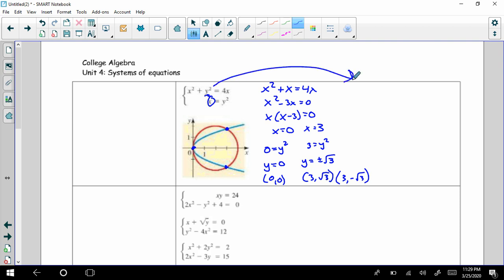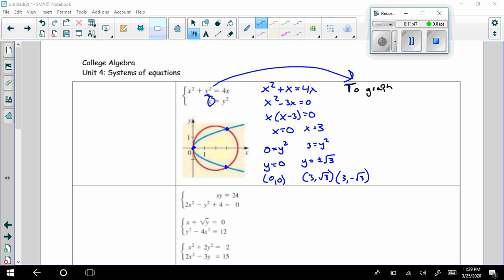But to graph this, to graph this, you can't graph a circle in your graphing calculator, so you have to solve for y. Actually the same is true for this.